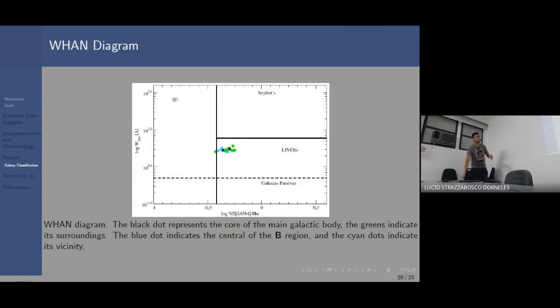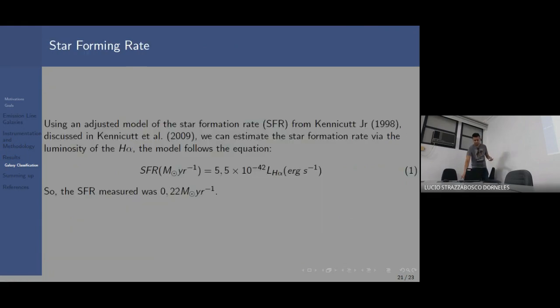More BPT diagrams, which do the same thing that the other diagrams are doing. And the star forming rate, we can measure the rate of birth of stars based on the emission line of hydrogen alpha.